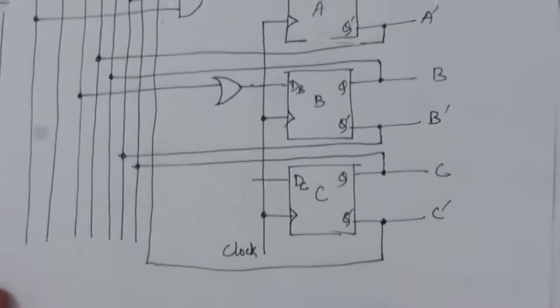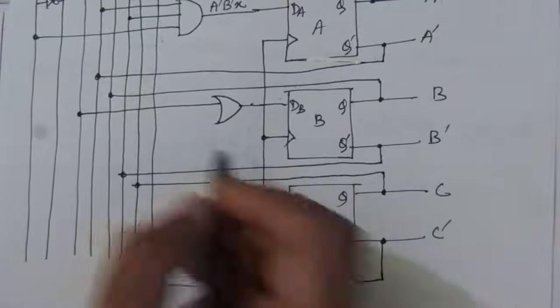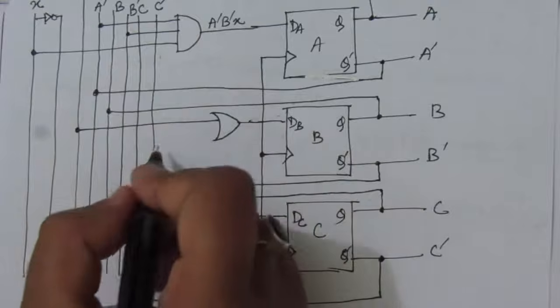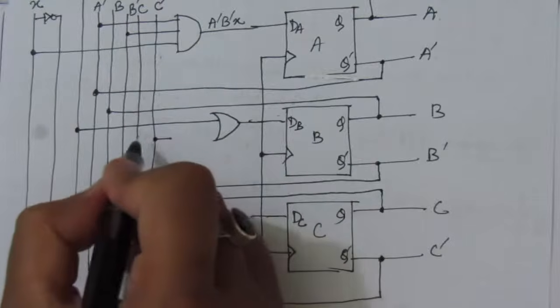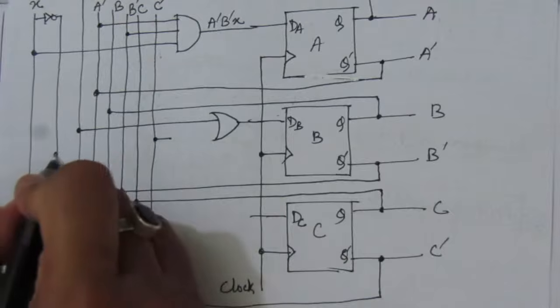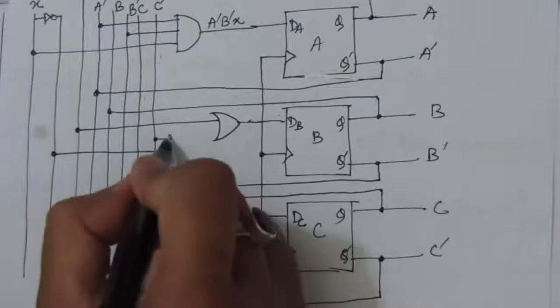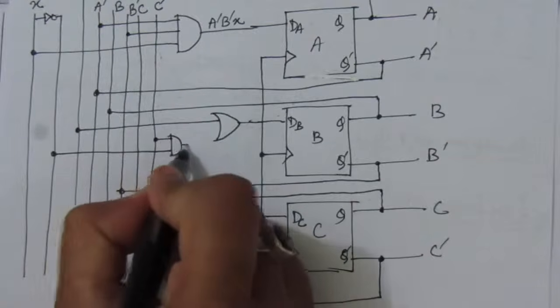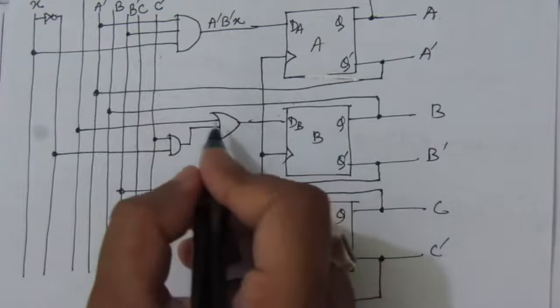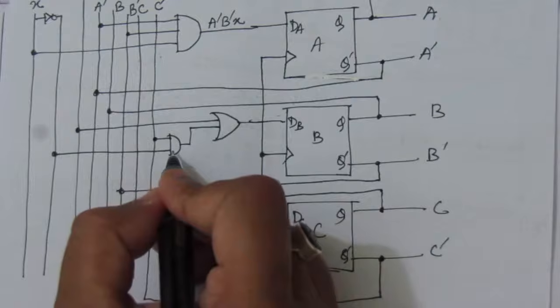So let us find out C bar X bar. So take a line from C bar, then take a line from X bar. Okay, use an AND gate here. This output will be one input of this OR gate, because we have to add the three terms A plus C bar X bar we have found out.